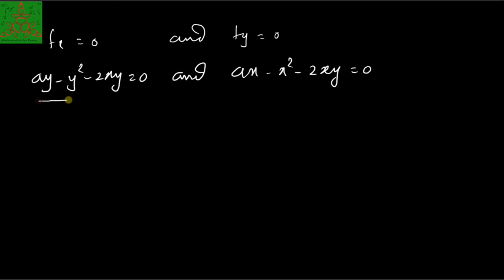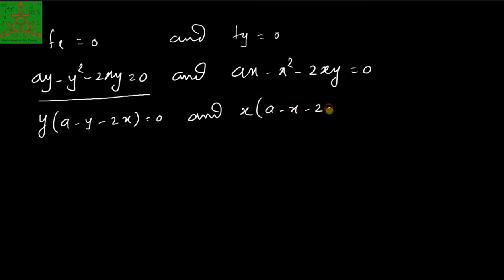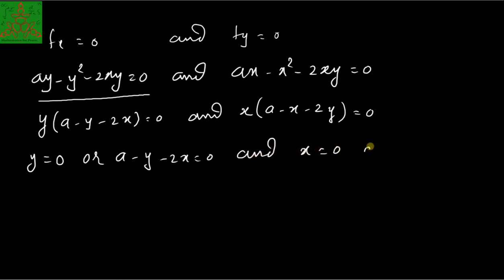Now note that y is common in the first, so this will be y(a - y - 2x) = 0, and x is common in the second, so it is x(a - x - 2y) = 0. So this gives y = 0 or a - y - 2x = 0, and x = 0 or a - x - 2y = 0.